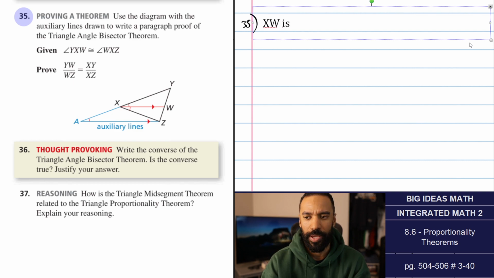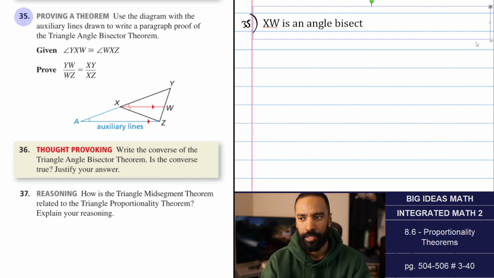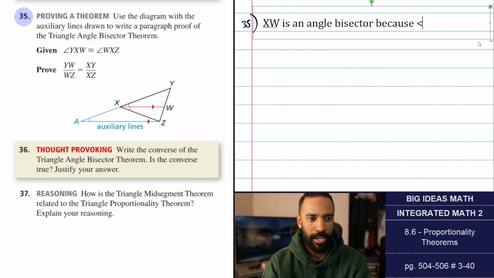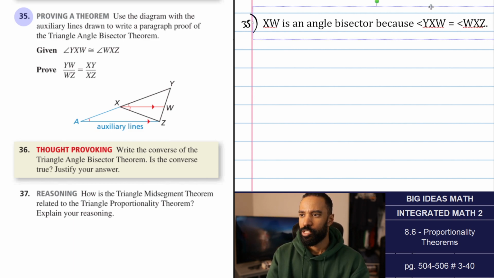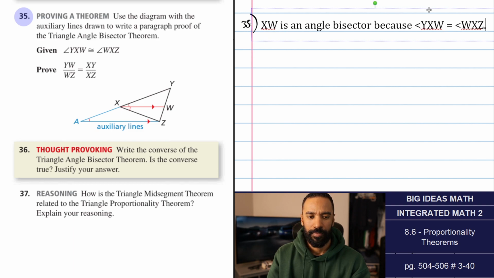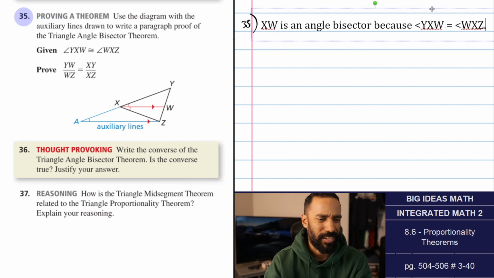So XW is an angle bisector because angle YXW, see, this is where things are weird, because angle YXW is congruent to angle WXZ. And now my formatting is going to be just terrible. So XW is an angle bisector. Oh, I don't think we need to know it's a bisector.